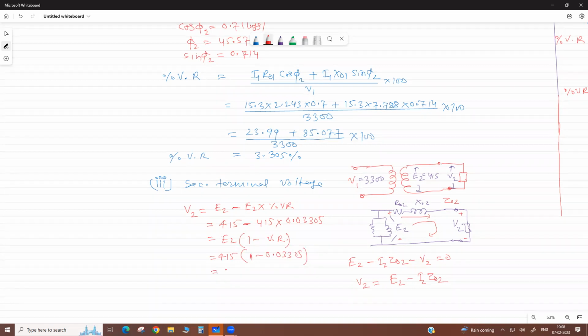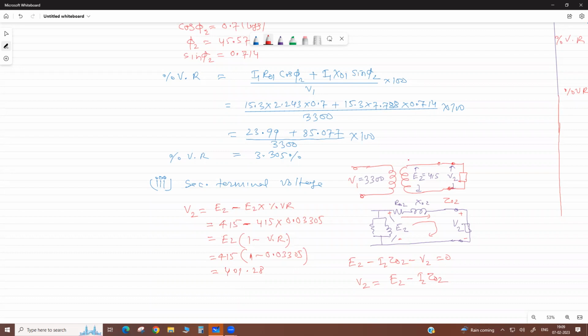So if you calculate 1 minus 0.03305 into 415, it comes to 401.28. Means after this much drop, what is the terminal voltage?